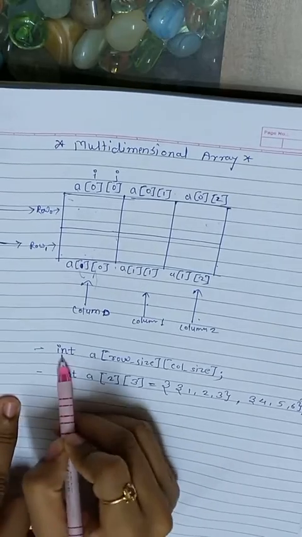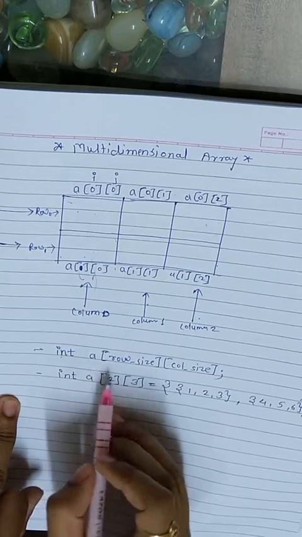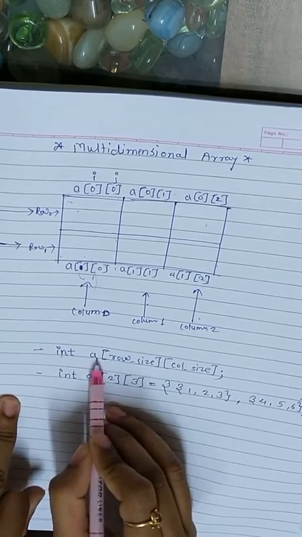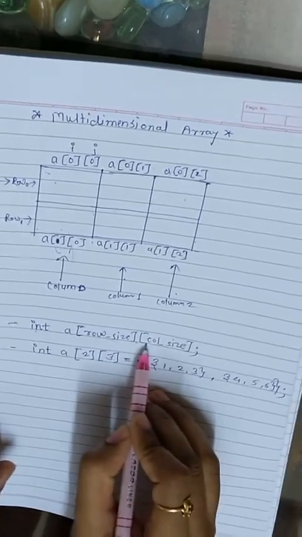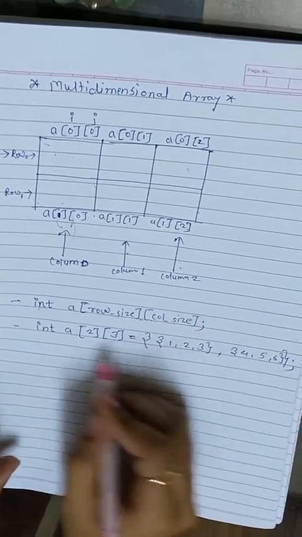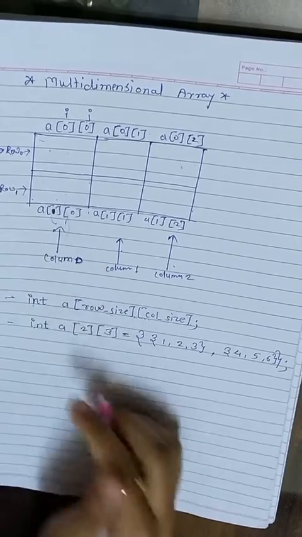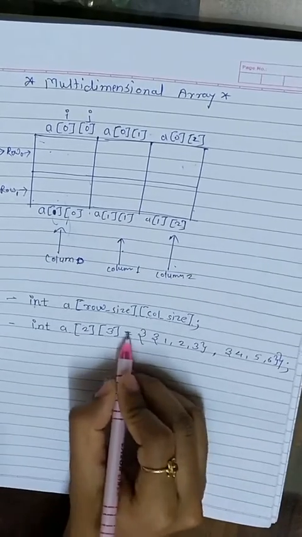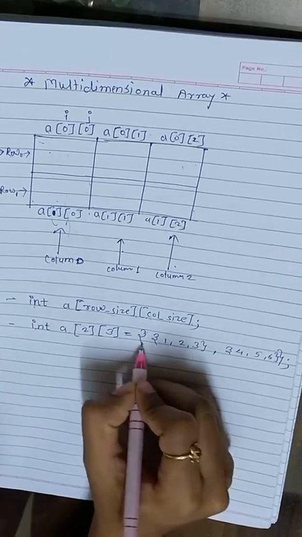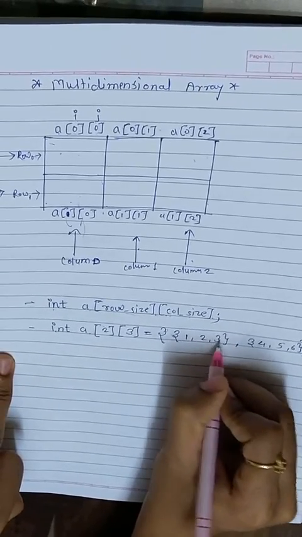So what is the syntax of a multi-dimensional array declaration? Integer A, row size in the first square bracket, and column size in the second square bracket. For example, integer A[2][3] means 2 rows and 3 columns. How do we assign the values? Just a curly brace, and within that another curly brace with 1 2 3.